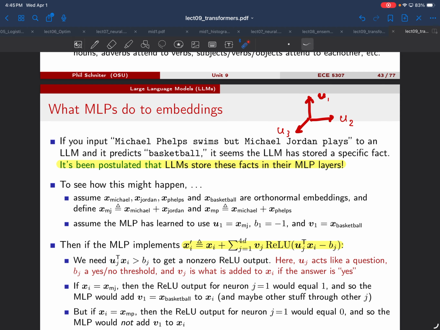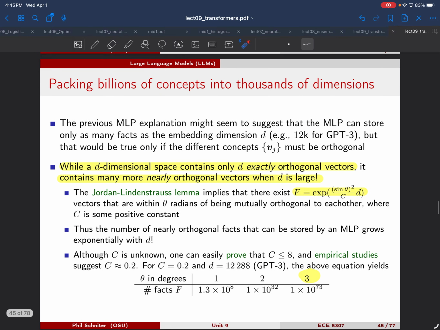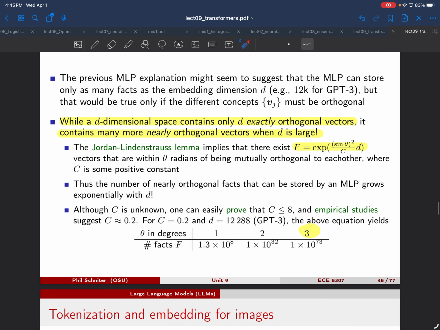You can imagine, I can move this over a little bit, I can move this over a little bit, but I don't have enough freedom to stick in a whole other vector. It's just not big enough. But as you go from 3 to 4 to 5 up to thousands of dimensions, then there's enough room to squeeze in more vectors and keep them mutually orthogonal to all the other vectors, or almost mutually orthogonal. So that's the idea behind this Johnson-Lindenstrauss lemma.